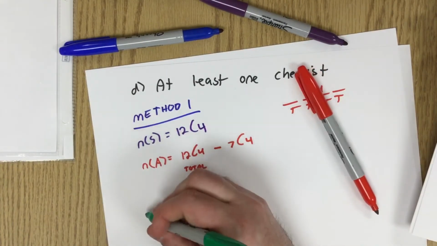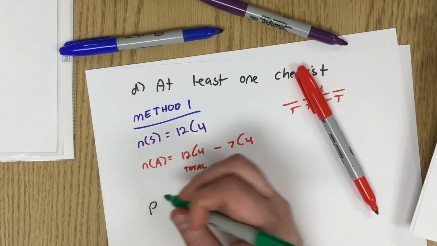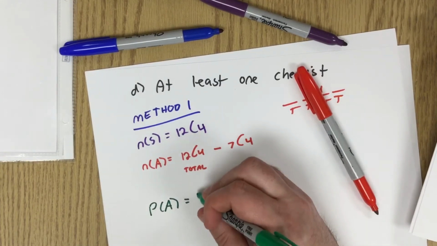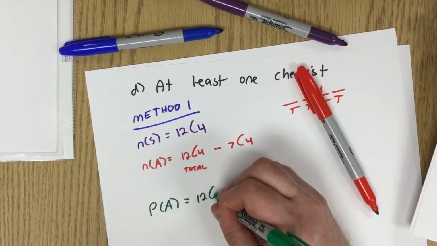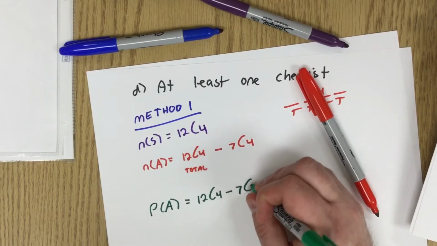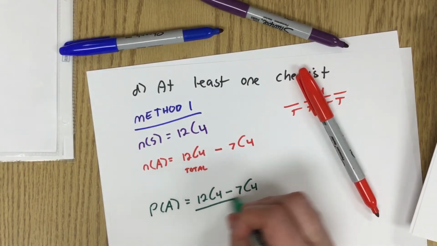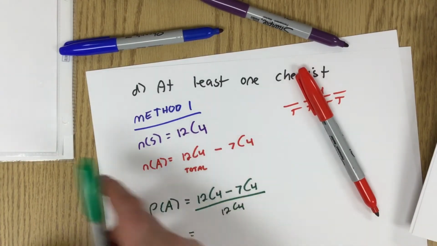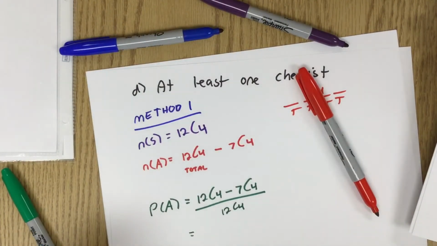Putting it together, the probability of getting that is going to be 12 choose 4 minus 7 choose 4, all divided by 12 choose 4, which is 92.93%.